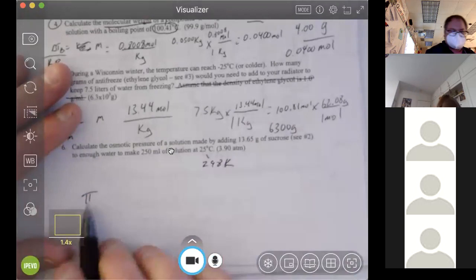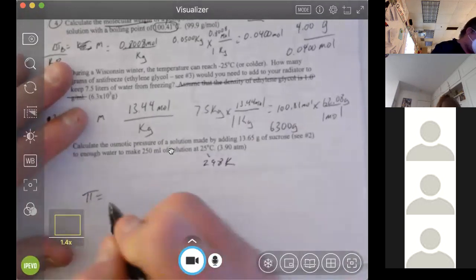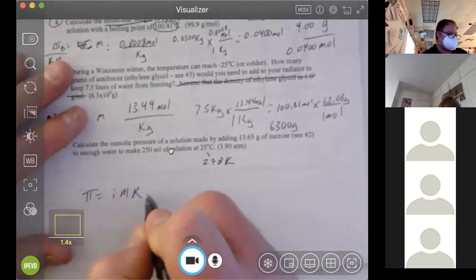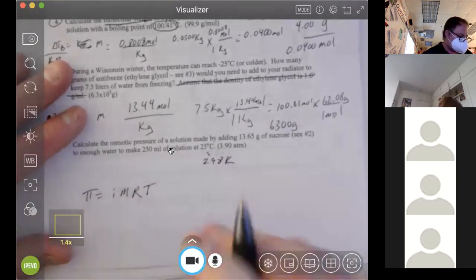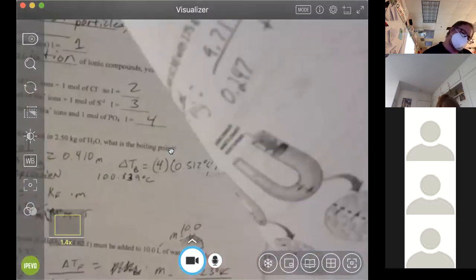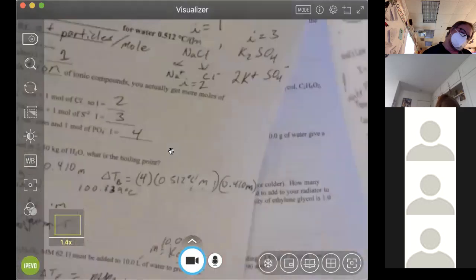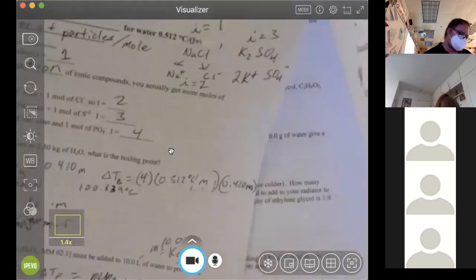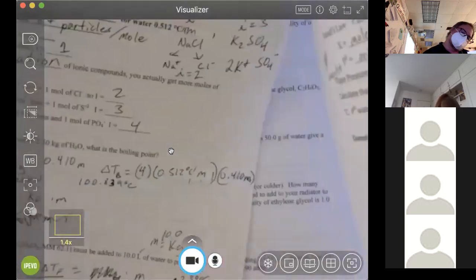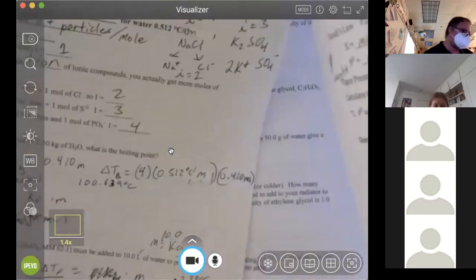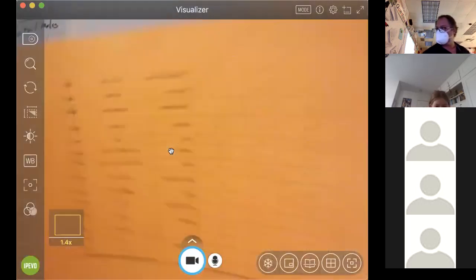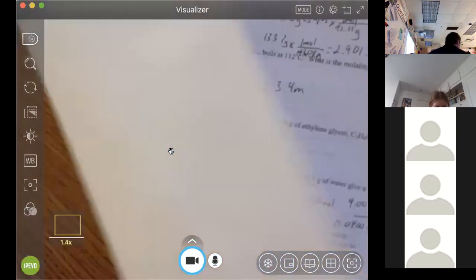That's the symbol for osmotic pressure, and if you recall, it equals iMRT.